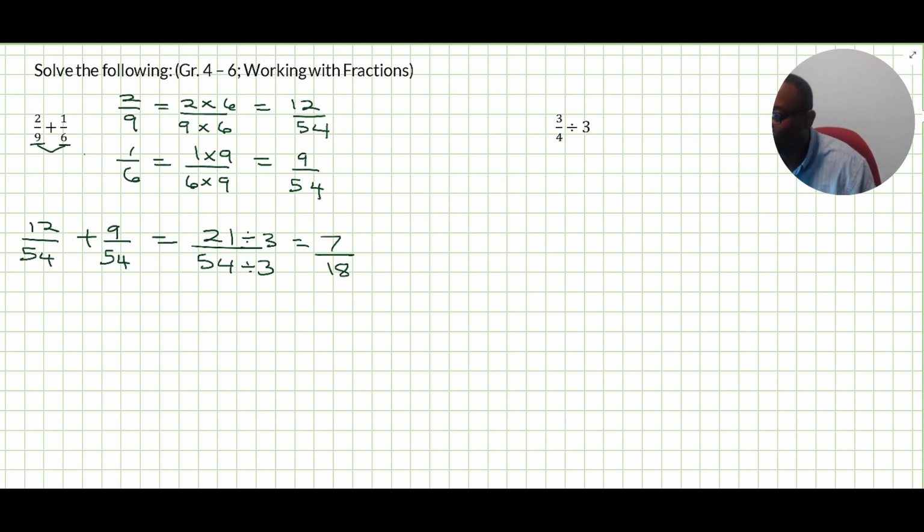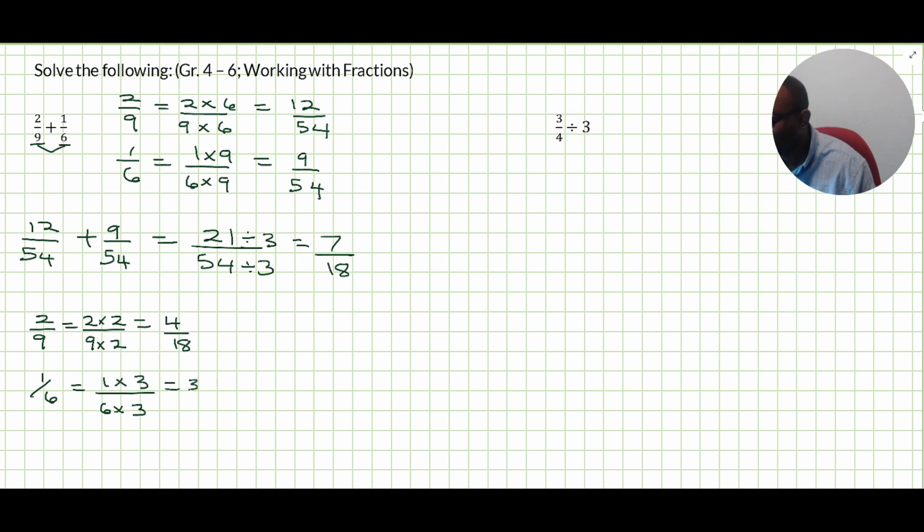The other way you could have done this is use the LCM. If you use the LCM method, you will get 18 as your LCM. So now your 2 over 9 is going to give you, we multiply 9 by 2, and so we multiply 2 by 2. That's going to give you 4 over 18. And then 1/6, you're going to have 6 multiplied by 3, and so you multiply 1 also by 3.